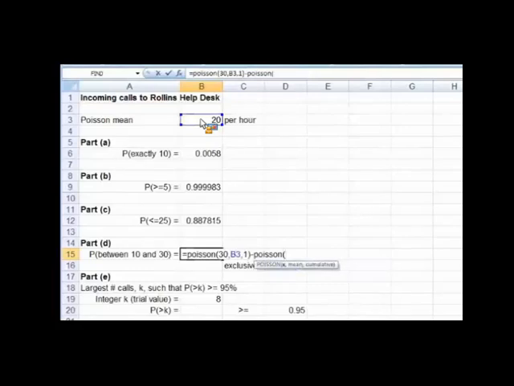Now this is the part that we've got to think about. If I want to make sure I'm retaining 10 and 30 in this probability, well, 30 is covered by the first portion of this first Poisson formula. The second one, though, if I want to make sure I'm not subtracting away the probability of getting 10, then 10 cannot be in this piece that I'm subtracting, so I'm going to have to subtract Poisson of 9, lambda 1.